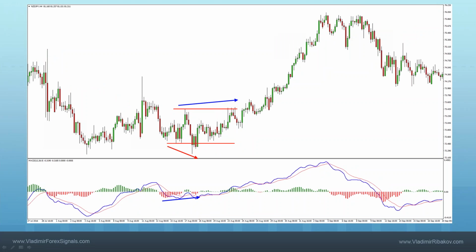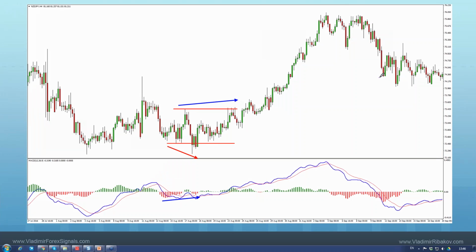What about this one, guys? Convergence or convergence principle? Exactly, full convergence, because the MACD histogram is also creating higher highs.